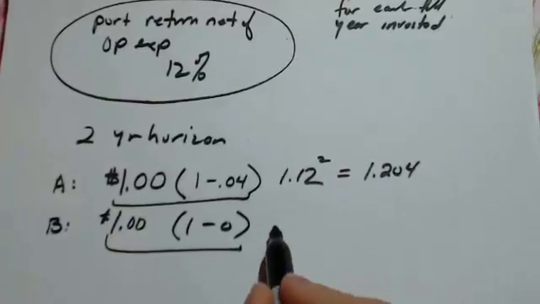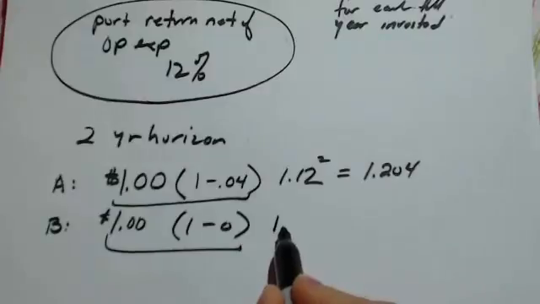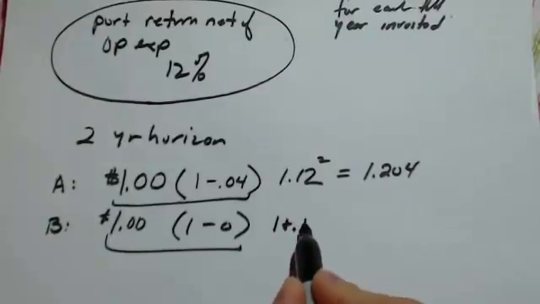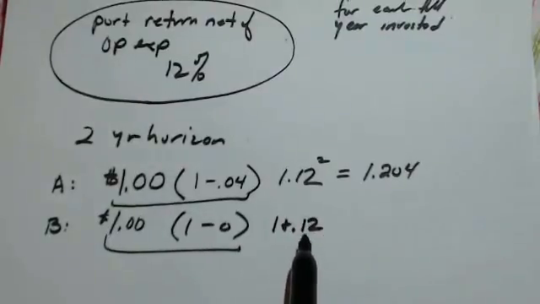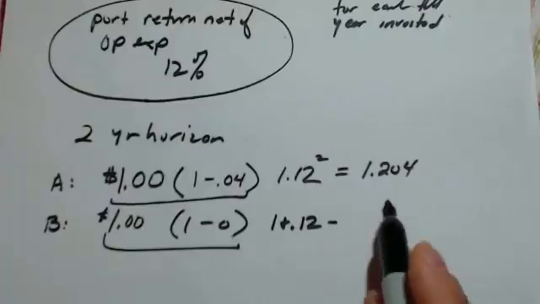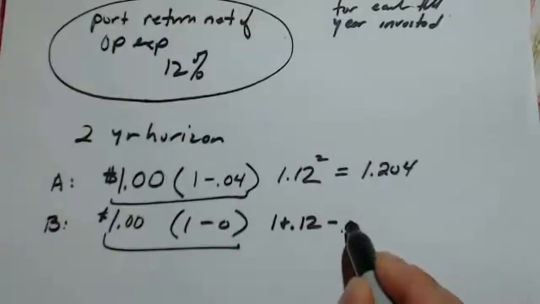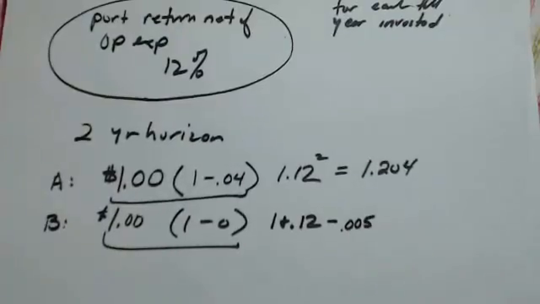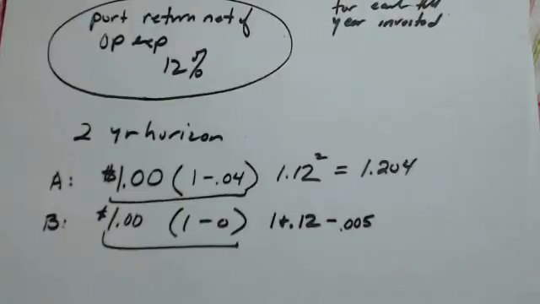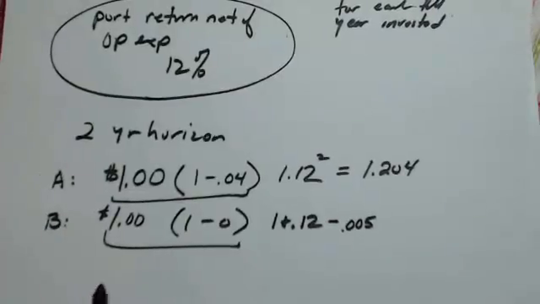Okay. Now, you're going to have that 12% portfolio return net of the operating expenses, 0.12, but you're going to be paying 0.5% in terms of 12b-1 fees, right?